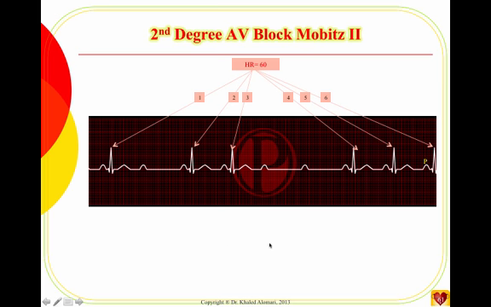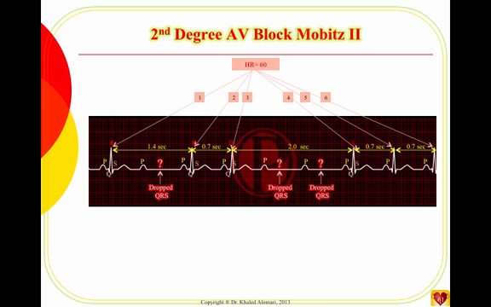Okay, heart rate of 60, so you can eliminate anything below 60. Look at the rhythm as you see here, it's irregular, most likely because we have blocks here. So there's a PQRS and PQRS and PQRS. So let's see what's happening here. This P causes a QRS, and then the following P was blocked.